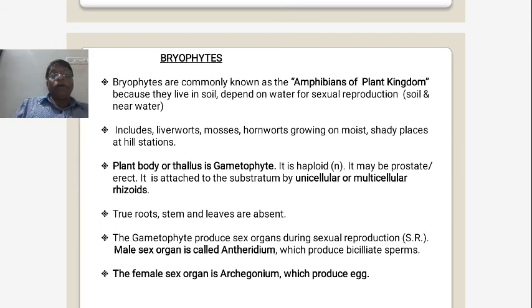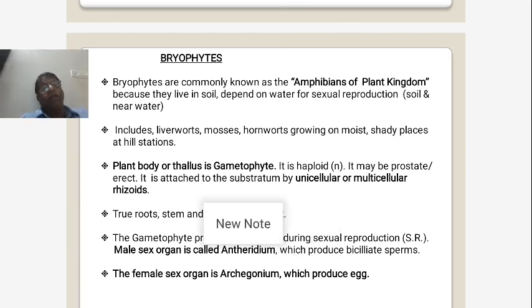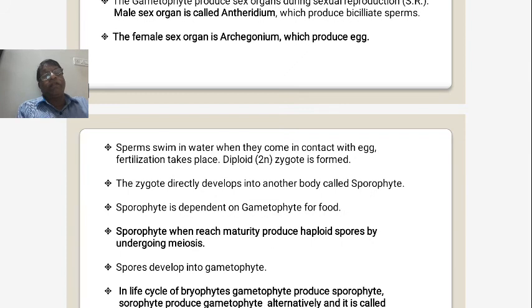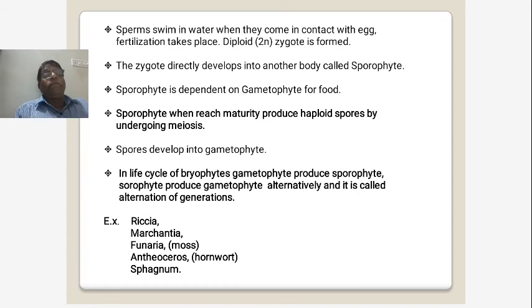Okay? Then, when the gametophyte reaches maturity, the male sex organ produces sperms.